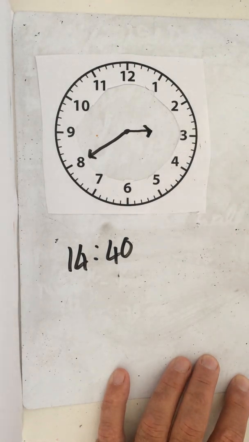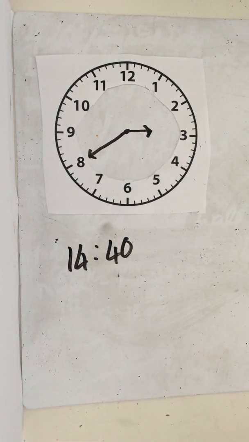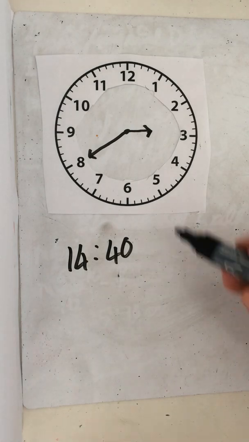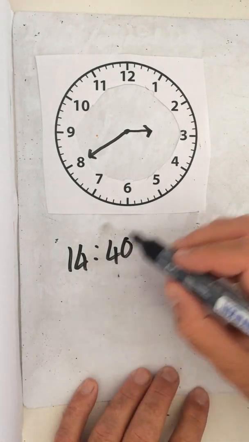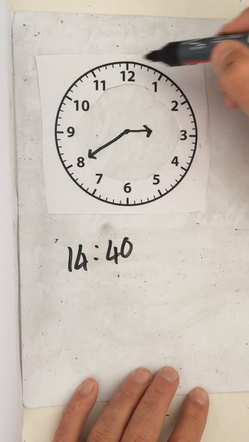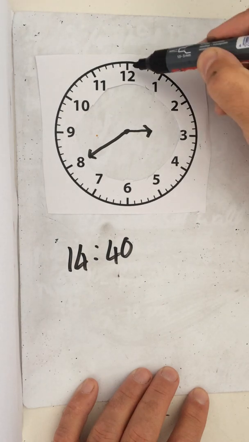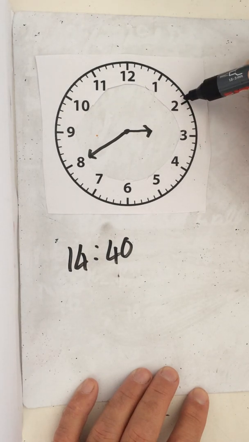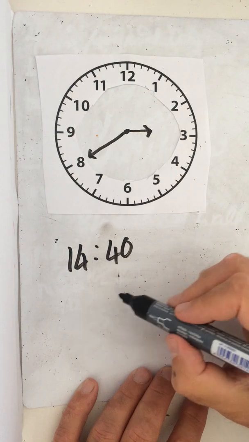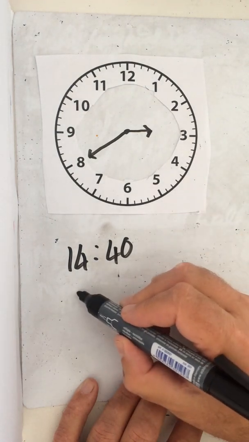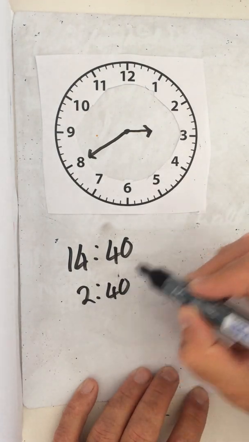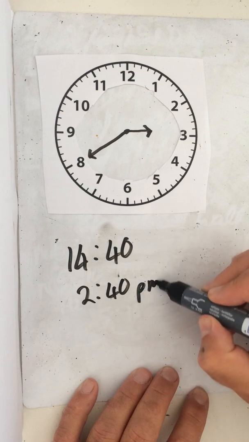So it looks something like that on your clock. 14:40. So we've got 12, 13, 14. We're doing the 24-hour clock, so that actually would be 2:40, because it's in the PM, in the afternoon.